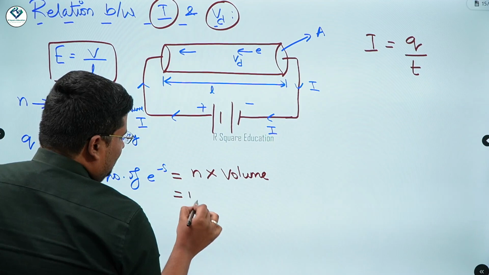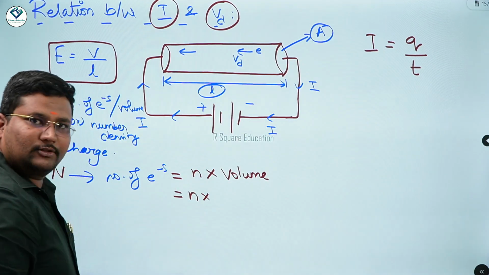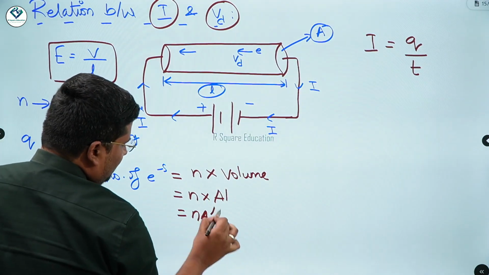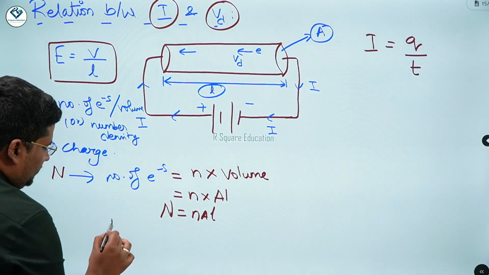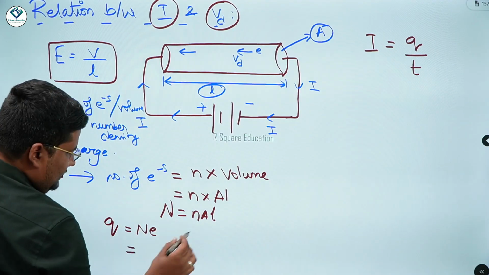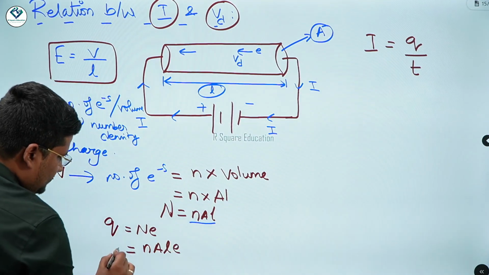So N into, you know what the volume is, right? A into L, area into length, is going to be the volume. So nAL is going to be the number of electrons. And I require Q, right? So Q is equal to N into e, right? From this I can replace N as nALe. So this is going to be Q.